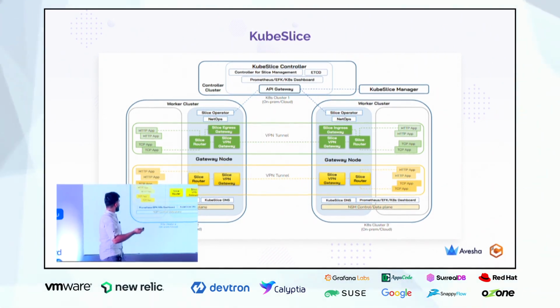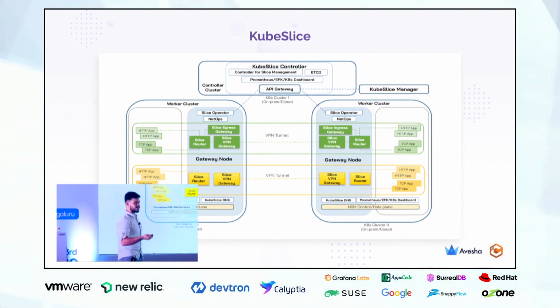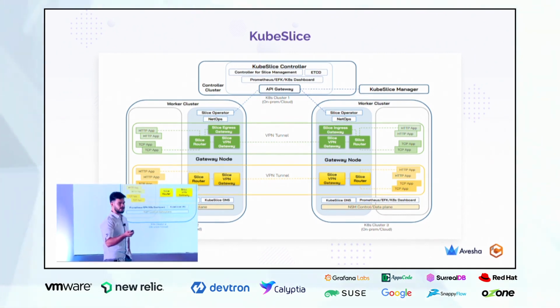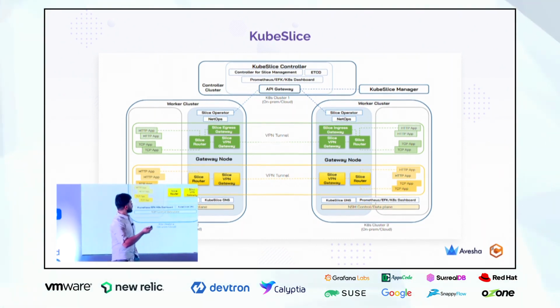Now, the intra-cluster connectivity still remains local to the cluster by utilizing the pod's CNI interface, but inter-cluster connectivity is achieved by creating the overlay network. This is achieved by injecting one more interface into the pod.